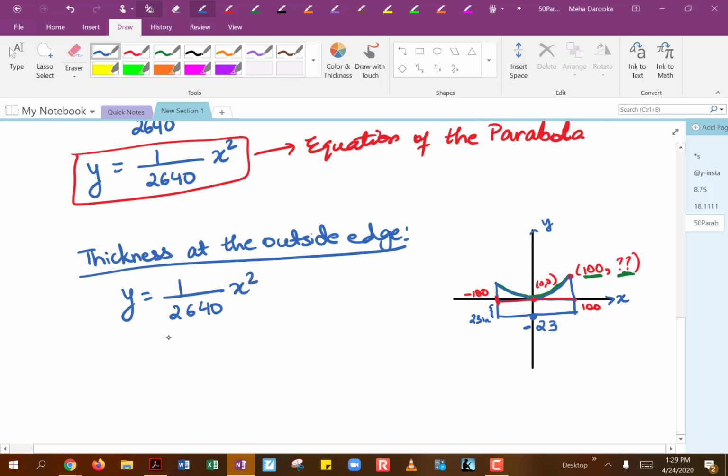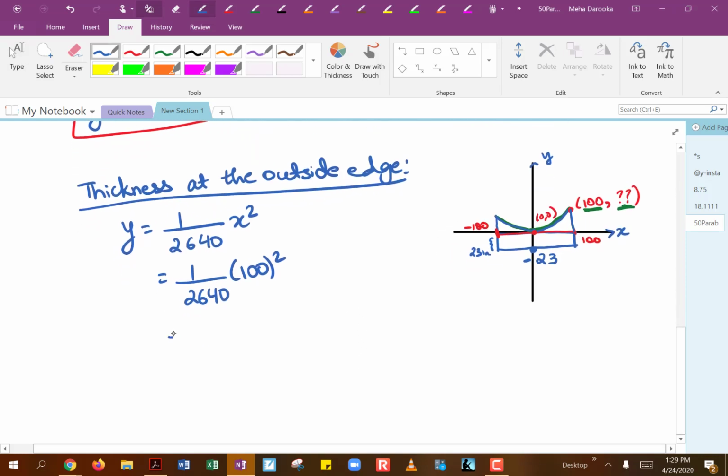Like I said, we know our x value is going to be 100, because that matches this positive 100 on my x-axis here. So this will give us a value of 100 squared times 1 over 2640.